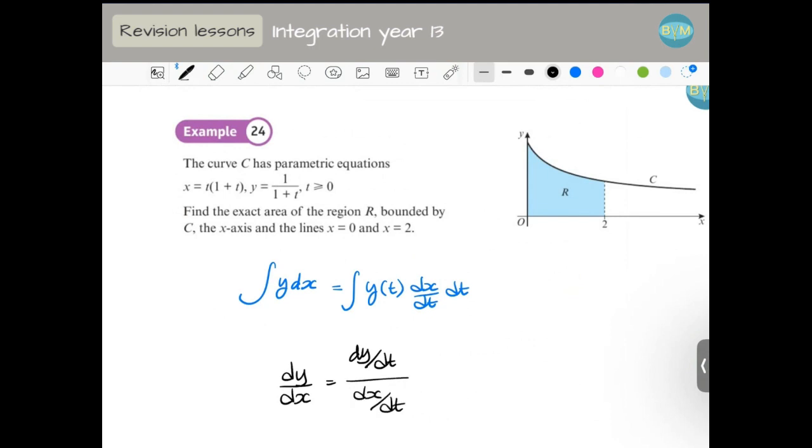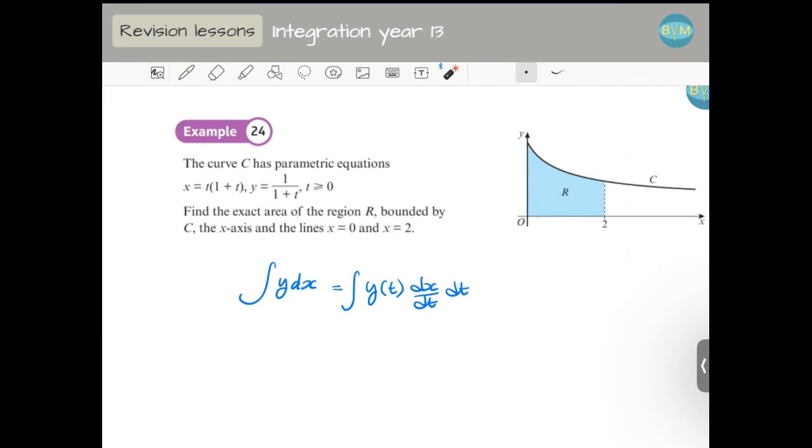Yeah? When I integrate parametric equations, I'm going to do y dx by dt. So I'm going to write my y in terms of t, like it is, and then the derivative of x, and then dt, and I'm going to integrate that one.